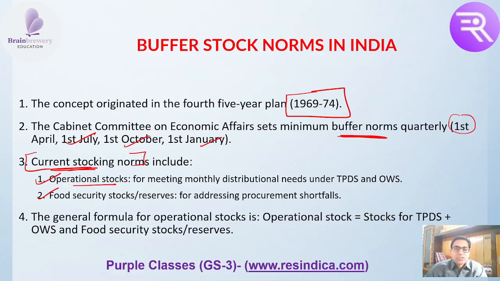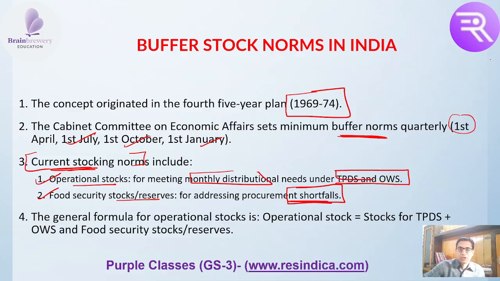Operational stock is needed for monthly dispersal at fair price shops, and food security stock is for addressing procurement shortfall. If there is any shortfall in the buffer, they start buying and keep it in the buffer zone.